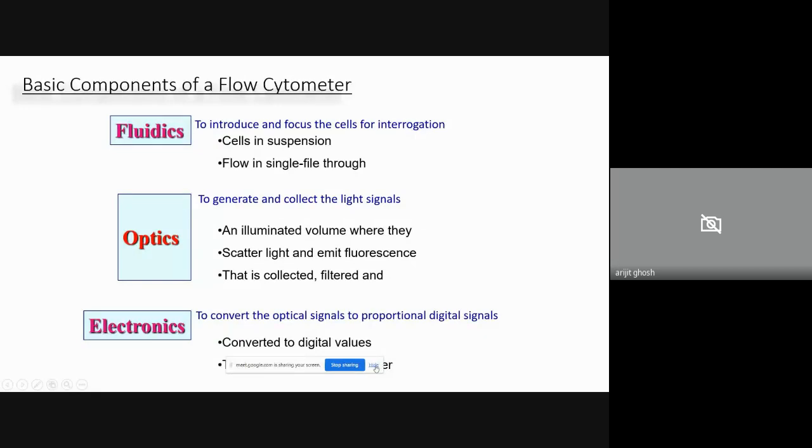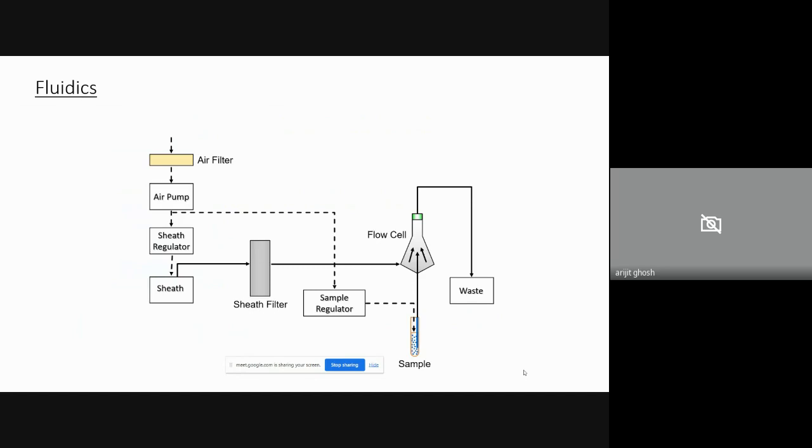Fluidics are needed to focus the cells in a fluid suspension, optics are needed to generate and collect the light signals, and electronics are important to convert the optical signals to digital signals, by which ultimately we can visualize and analyze the data in a computer system by software. So these are the three main components of a flow cytometer.